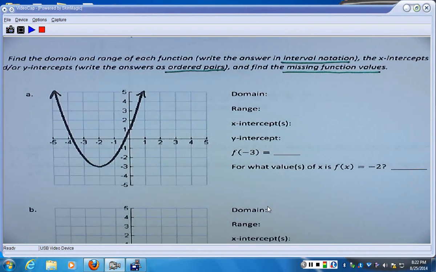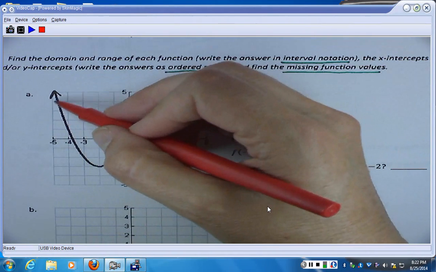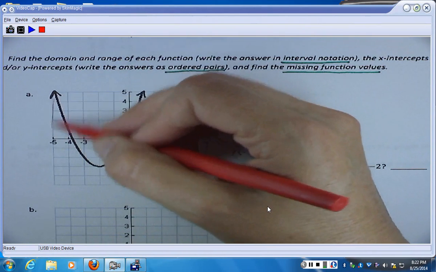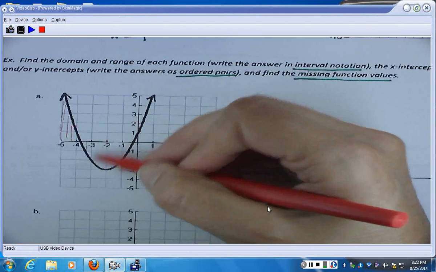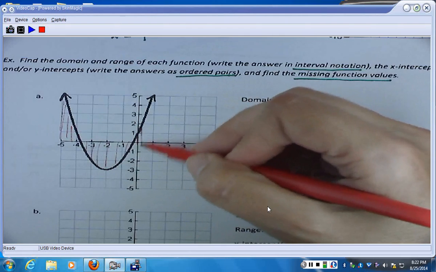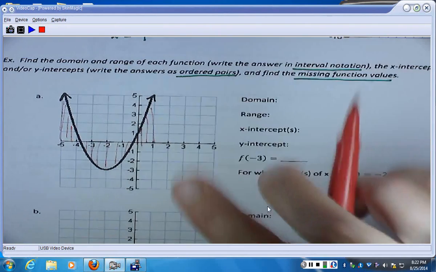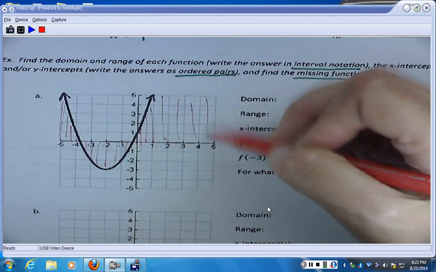All right, to find the domain, that is the values that x can be. You kind of think about projecting this to the x-axis. Project the graph to the x-axis. And remember that this keeps going up at an angle, so you're going to have all that.